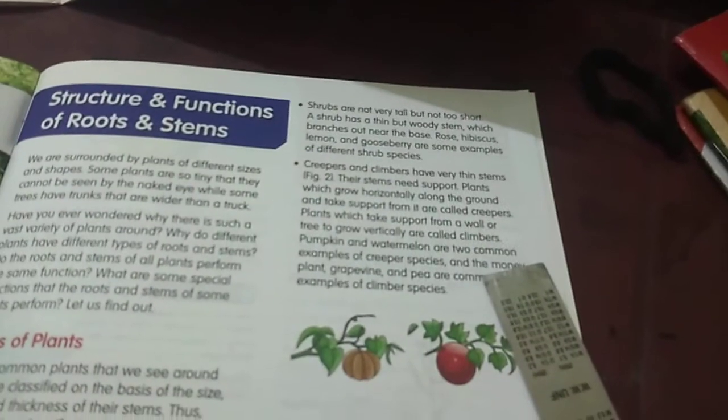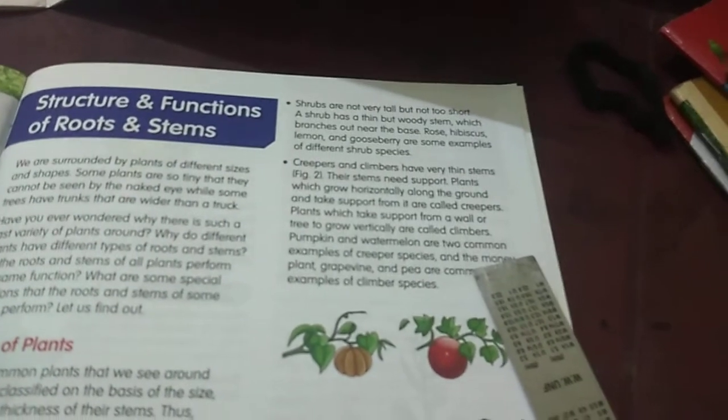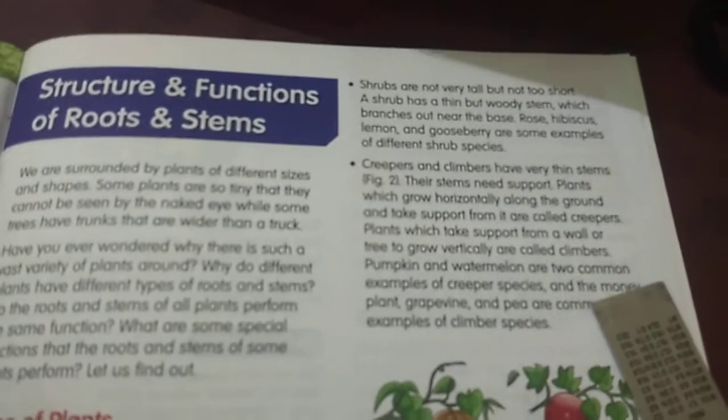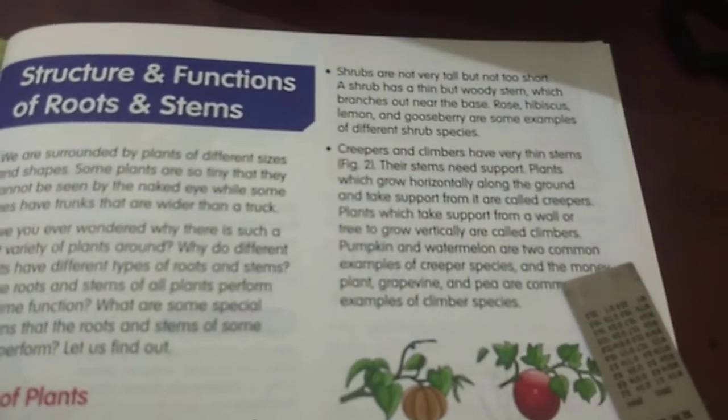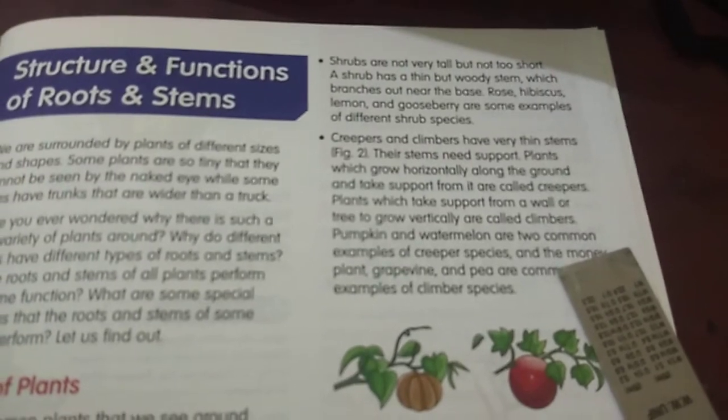So there are several micro plants which you cannot see with your naked eyes, which means if you go to a lake and all, you could have seen green color layers. Yes, the layer, it will not look like a tree or a plant. It will look like a greasy layer. What is that, you know?